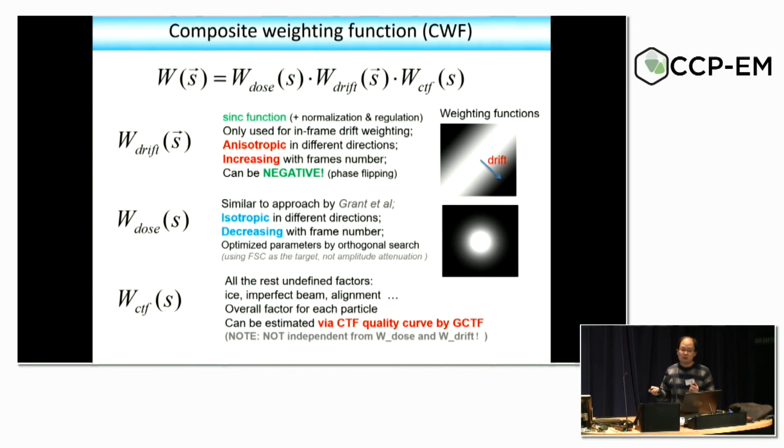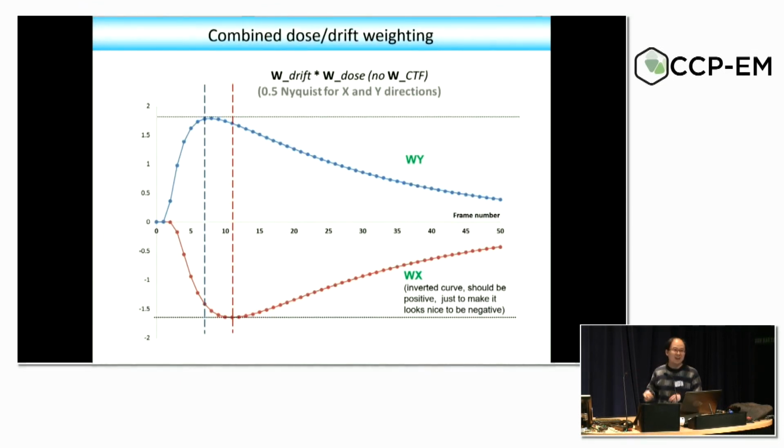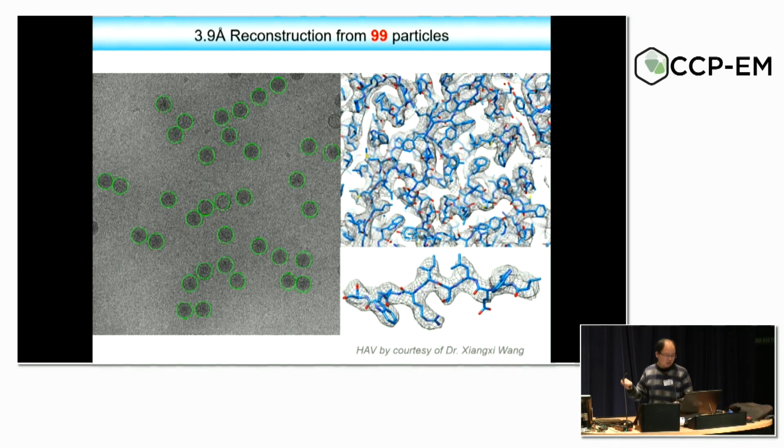For the drift, the first few frames are usually quite severe. I should be quicker. Let me quickly show you how it looks. This is just one pixel, and you can see that in different directions the weighting is quite different, and it's also anisotropic: the x-axis and y-axis are different.